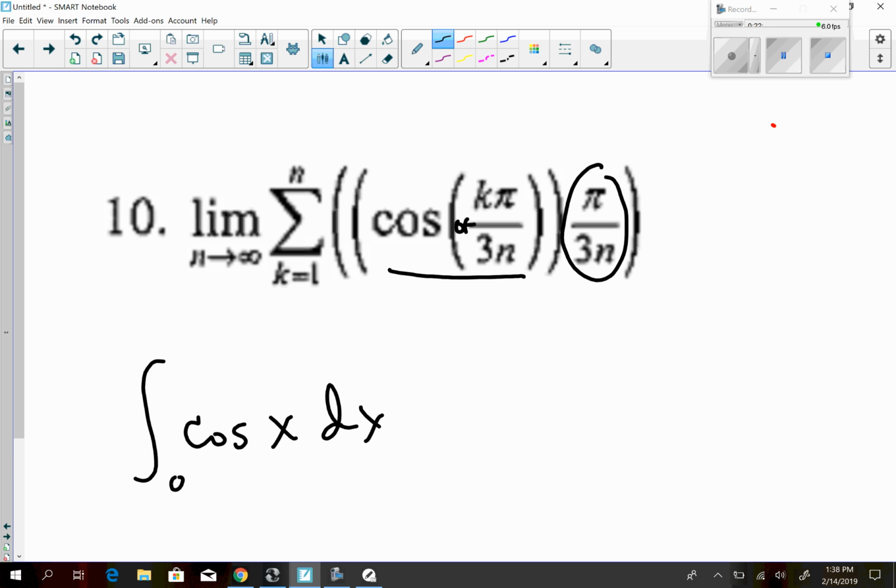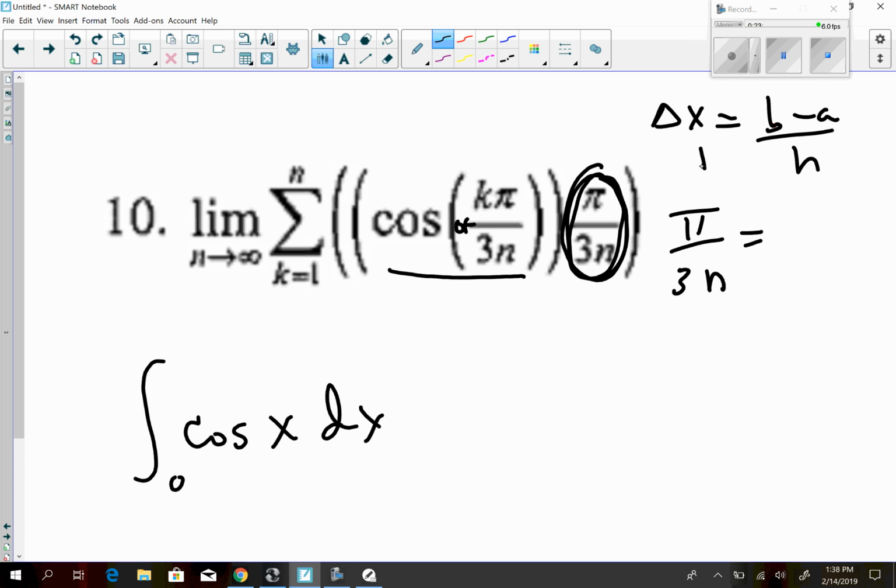So 0 is the starting value. And the fraction that has n in the denominator is usually delta x. Maybe it's always that, b minus a over n. So I'm thinking this thing I'm circling here, pi over 3n, is the delta x, b minus a over n.